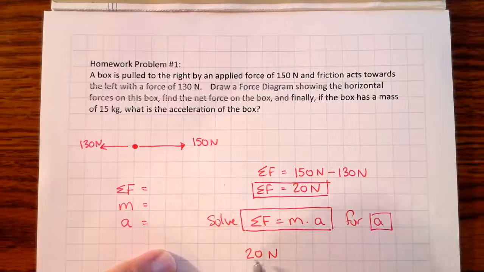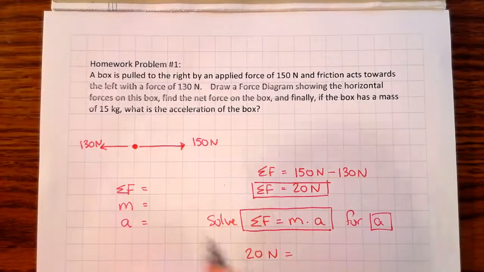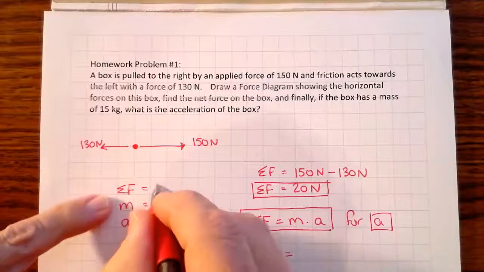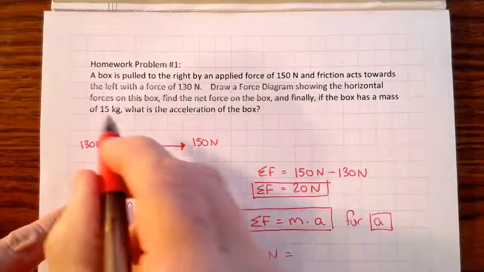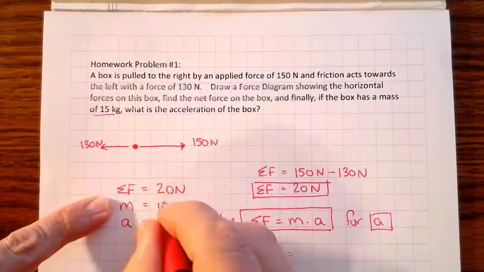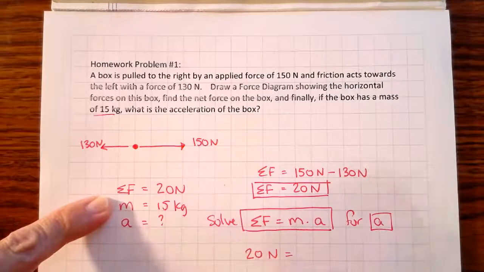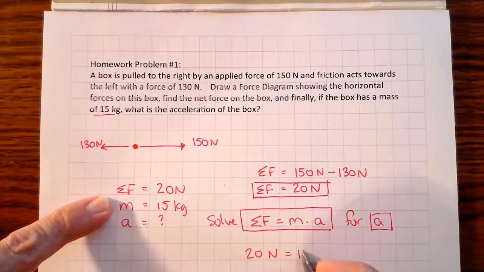That's our plan. So the unbalanced force is 20 newtons. That equals the mass, which it tells us in the problem is 15 kilograms. And we're trying to find the acceleration. So 20 newtons, the force, equals the mass, which is 15 kilograms, times the acceleration.